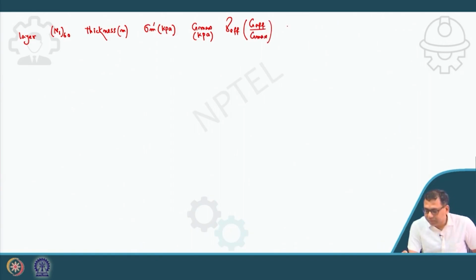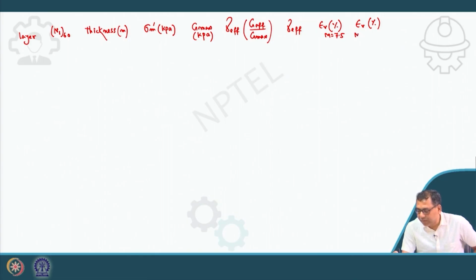Then from the chart, effective strain, then the volumetric strain in percentage for M equal to 7.5. Now this is volumetric strain in percentage where M will be 8.